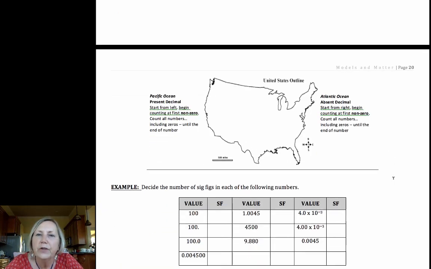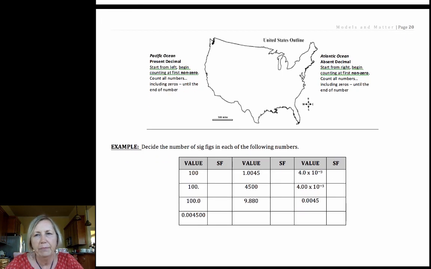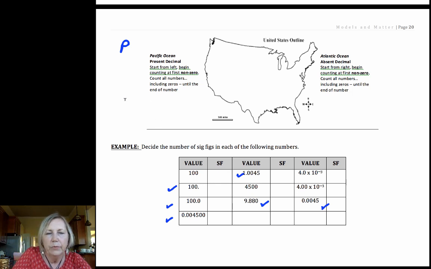Now, if those guidelines didn't help, then maybe this trick will help. But I warn you, you have to know where your oceans are to do this. The Pacific Ocean stands for present decimal. So whenever you have a number that has a decimal point, you're going to start on the Pacific side. All of these numbers down here have a decimal point explicitly in them, so we're going to start on the Pacific side and count left to right.